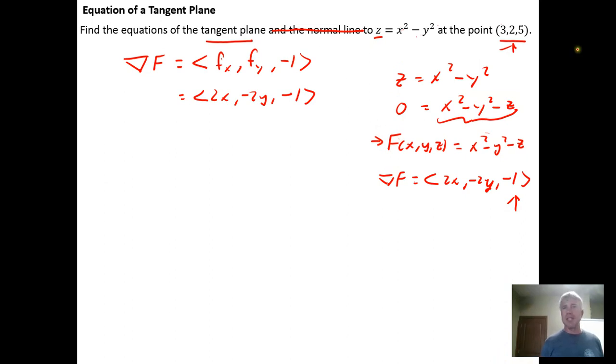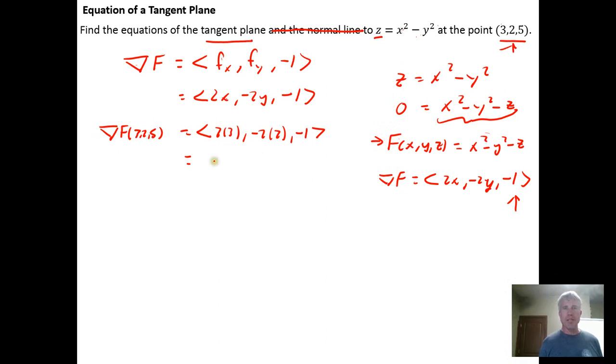And so if we want the gradient at a specific point, we plug in our values for x and y. So the gradient of f at the point 3, 2, 5 is just going to be, replace the x with the 3, replace the y with the 2, and replace z with a 5, but we won't need to in this case because we're never going to wind up with a z in any of the components.